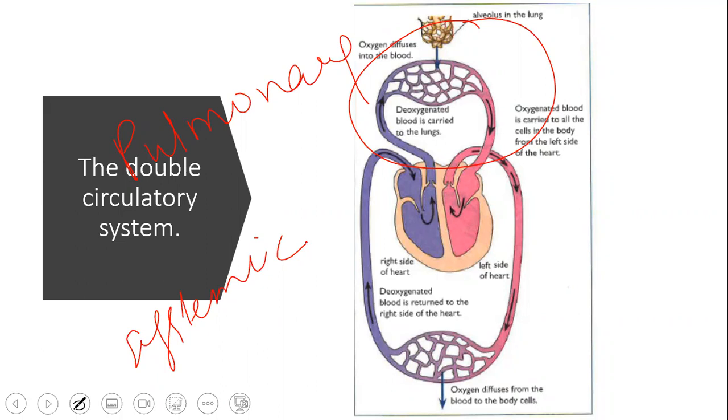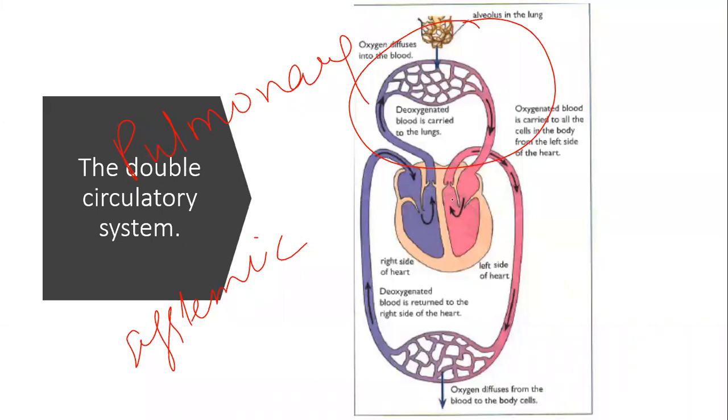Because you have a larger organism, you have to pump the blood over a vast area, so the blood needs to be pumped with a lot of pressure and force. That is why the blood comes back from the lungs to the heart and is pumped again, so it has that high pressure to travel to all areas of the body.